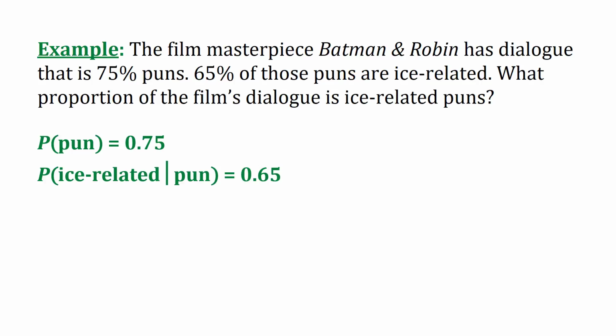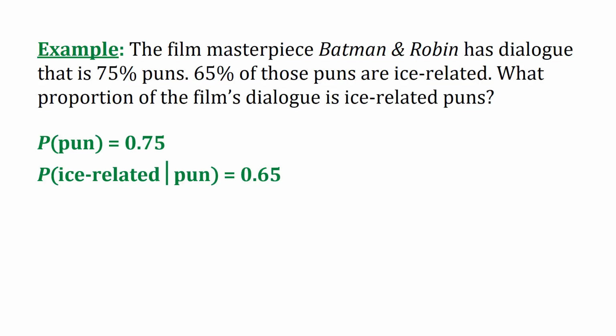So again, remember, if you see the words of or out of or given or knowing, we are zooming in on part of our sample space. We're looking at just the puns, so we're conditioning on the puns. So the probability that a piece of dialogue is ice related, given that it's a pun, is 0.65.